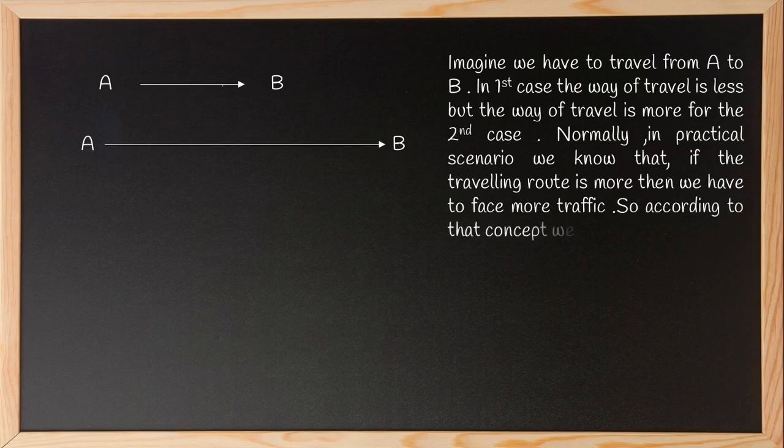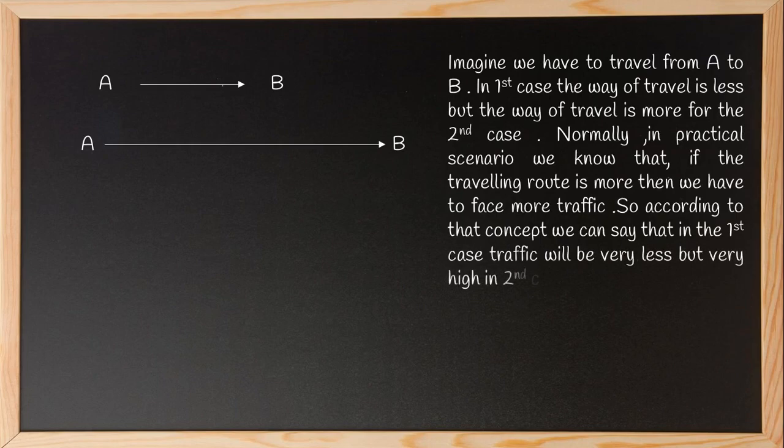So according to that concept, we can say that in the first case, traffic will be very less but very high in the second case. These are the two paths, point A to B. In the first case, you have to travel a very less distance. In this case, you have to travel more distance.